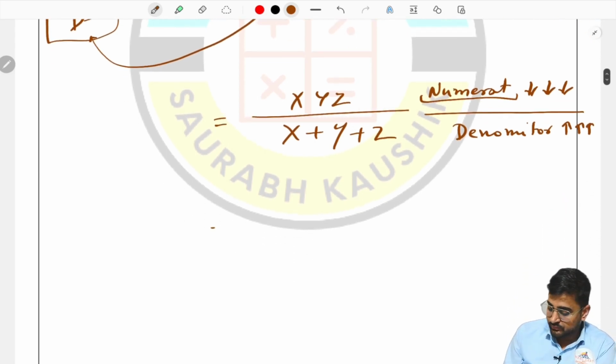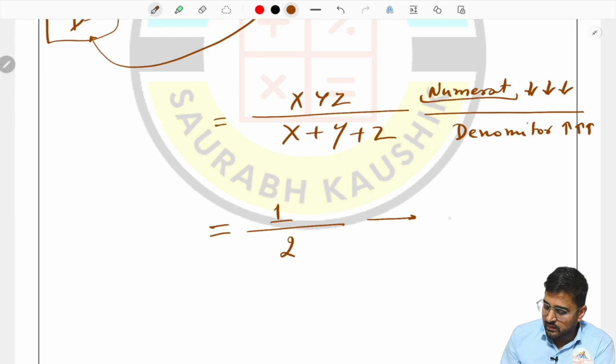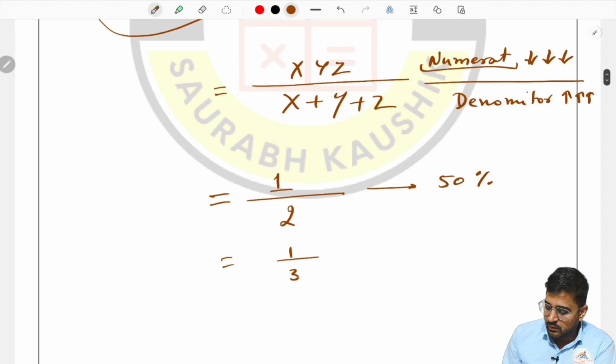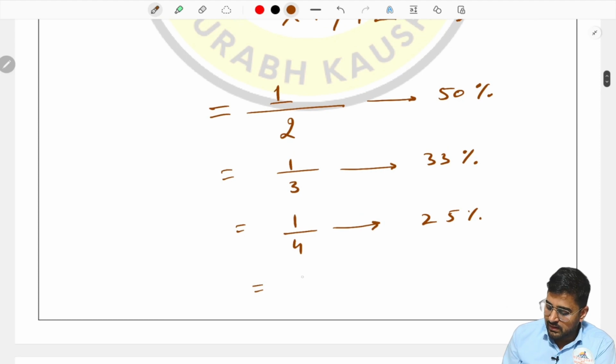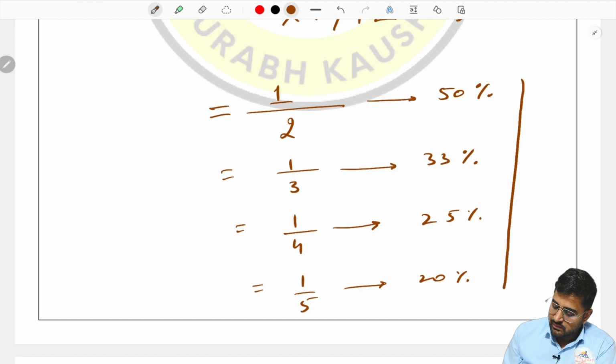For example, if there is 1 on top and 2 at the bottom, what does it really mean? It means 50%. If we increase the denominator, what will happen? 33%. If we again increase, it becomes 25%. If we again increase, what will happen? 20%. So what we have observed is that if we increase the denominator, the number is falling down.